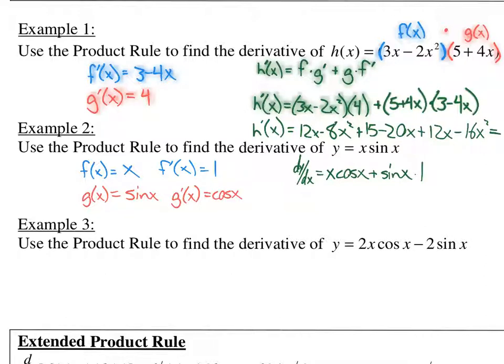And of course, the 1 is irrelevant because you're just multiplying by 1. So our derivative is simply that, once we simplify the times 1. Not too bad, right?